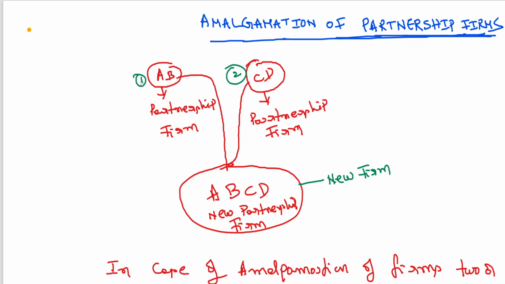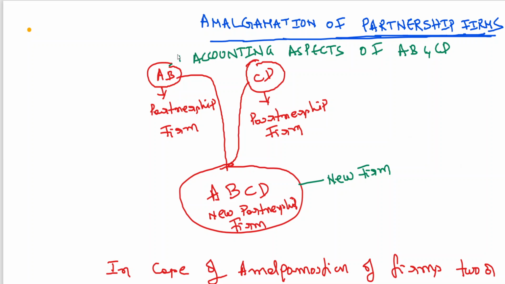We will be learning the accounting aspects of A, B, C, D, common, A, B and C, D. This is the first one that you will be learning. Then accounting aspects of the new firm. This is what you should remember.